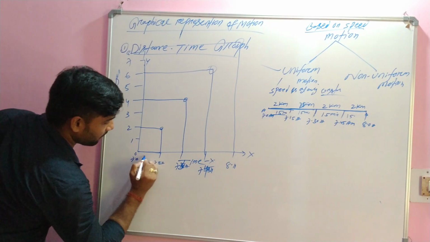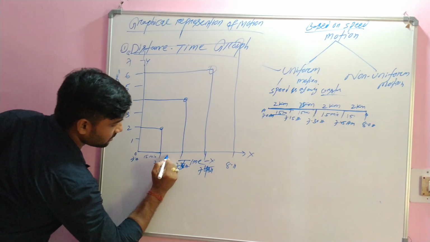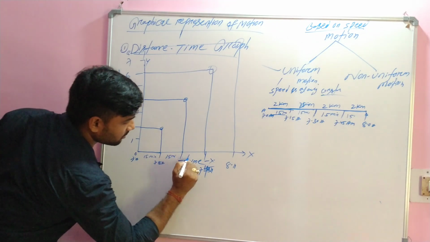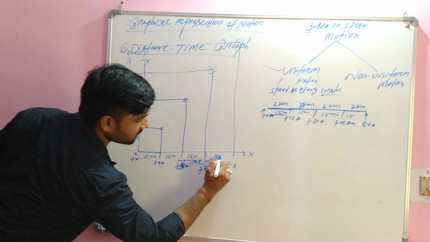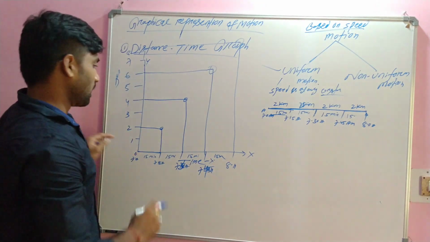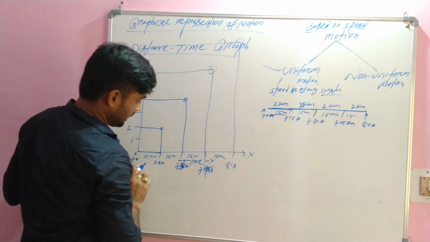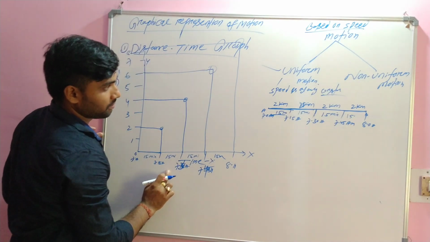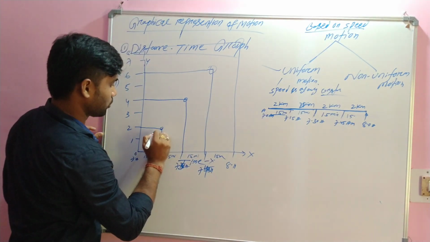Here the interval of time is 15 minutes, 15 minutes, 15 minutes, and in each interval of time the object covers 2 kilometers.